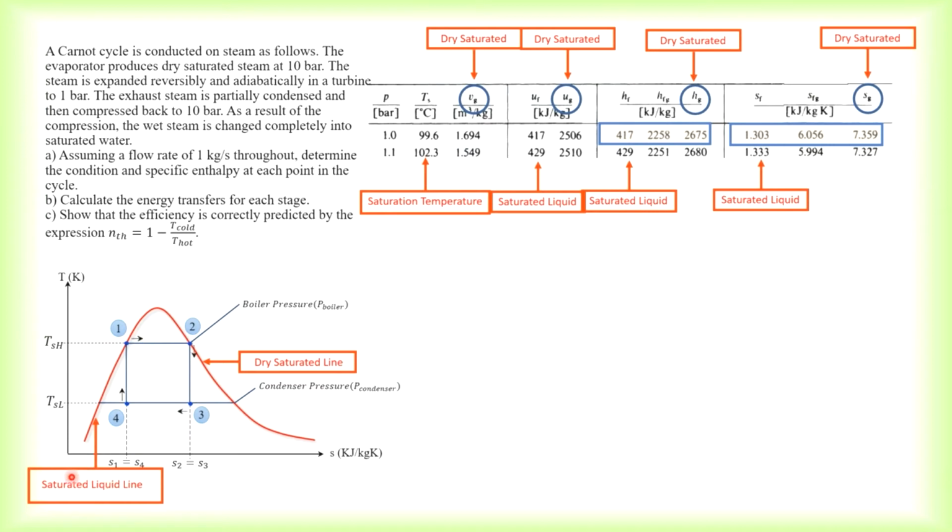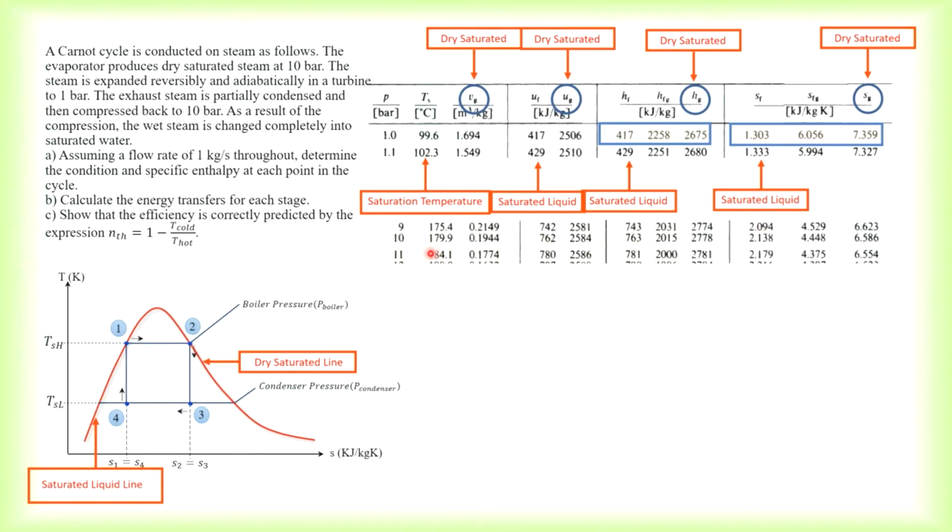This line here refers to the saturated liquid line, that is the F, and this is the G. So based on pressure 10 bar, because your boiler pressure is 10 bar, and your condenser pressure is 1 bar, these are the data that you can extract. Based on 10 bar, you have the enthalpies and then the entropies. Most of the time we need enthalpy and entropies only.